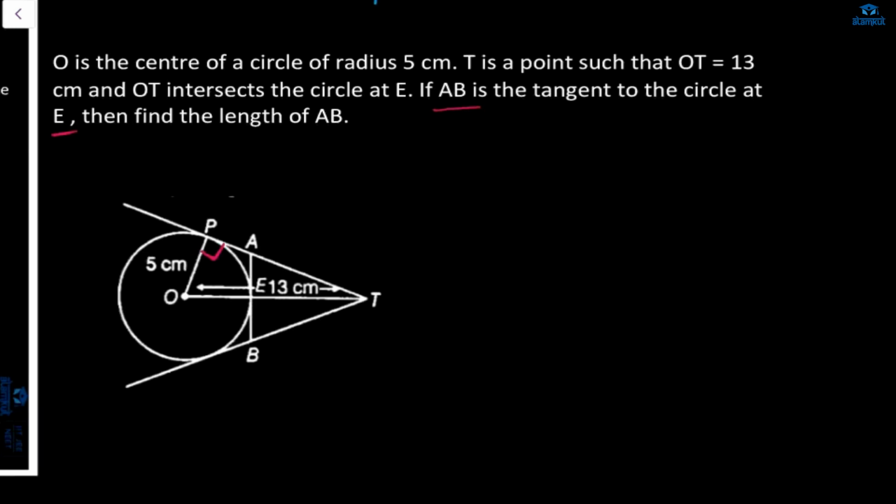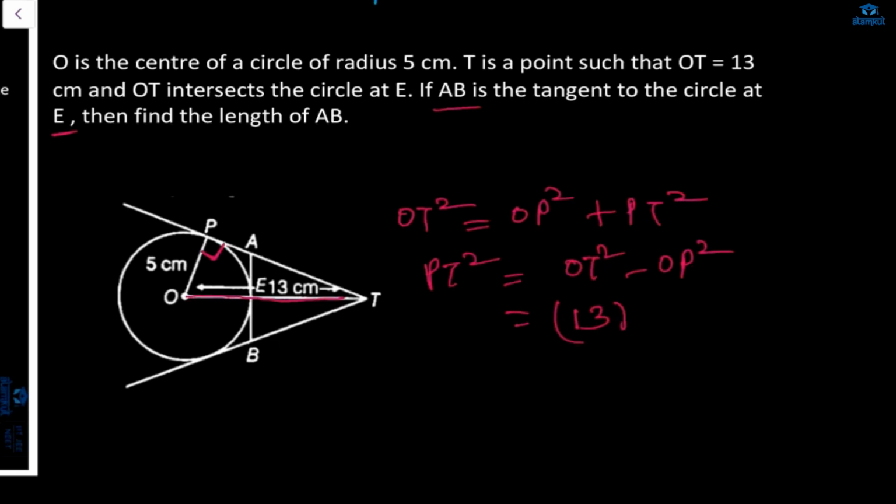This is 90 degrees, that means it is a right angle triangle, so this will be your hypotenuse. So OT square is equal to OP square plus PT square. We can find the value of PT: PT square will be equal to OT square minus OP square, so this will be 13 square minus 5 square.